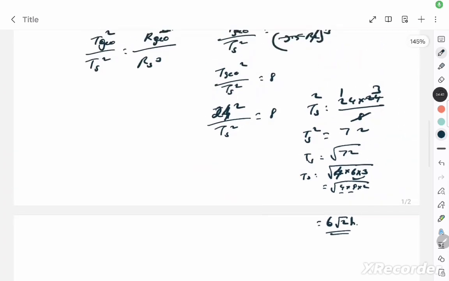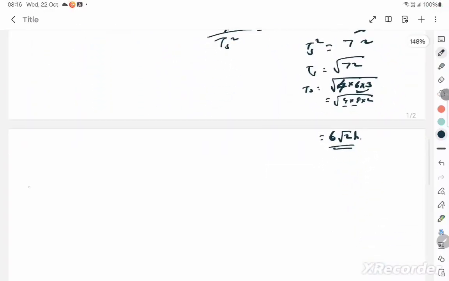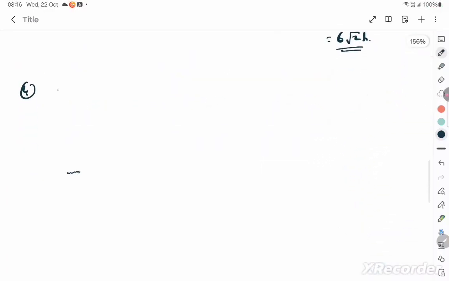One of the questions that had come in another exam is: the tides in the sea are primarily because of dash. It's primarily because of the moon's force of attraction, and not the sun's.